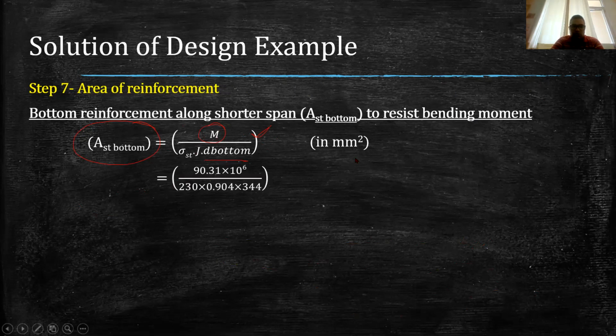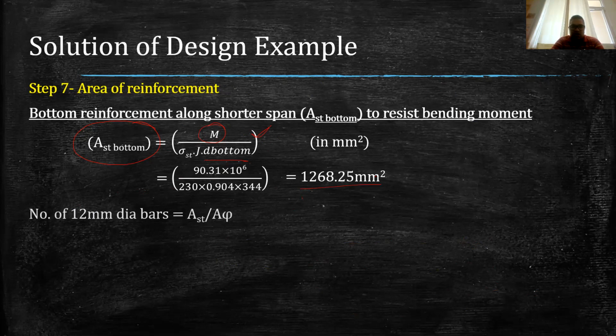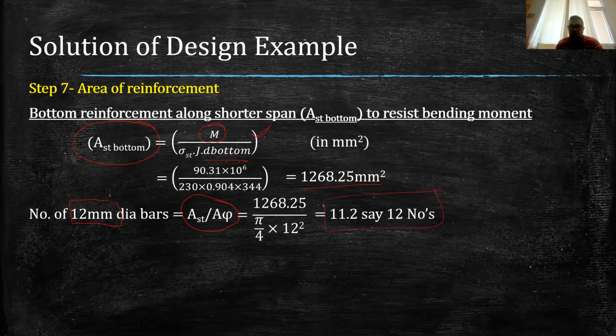Putting all the values here, we get the area of steel for bottom reinforcement as 1268.25 mm square. We can convert this area of steel into number of bars by the simple relation, area of steel divided by area of cross section of one bar. We have already assumed the diameter of bar as 12 mm. So number of bars here becomes 11.2, say 12 bars are to be used here.